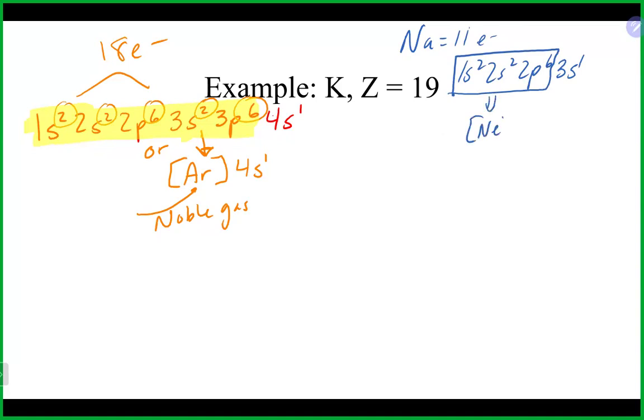So we could shorthand this as neon 3s1. Sometimes it's referred to as writing noble gas configuration when you do an electron configuration. Again, always needs to be the noble gas that goes in the brackets and always the one that comes before whatever you're trying to write the electron configuration for. Any questions on that shorthand there? Okay.